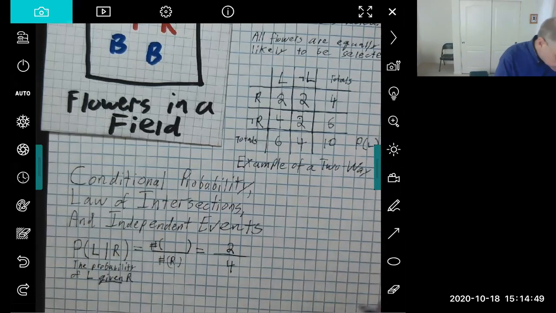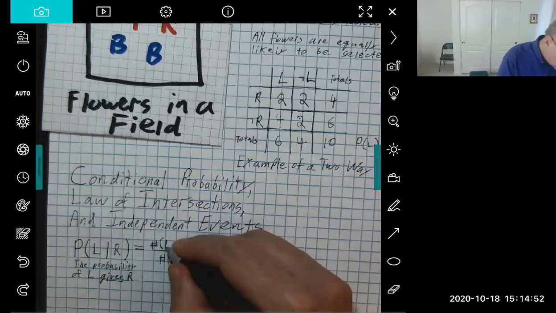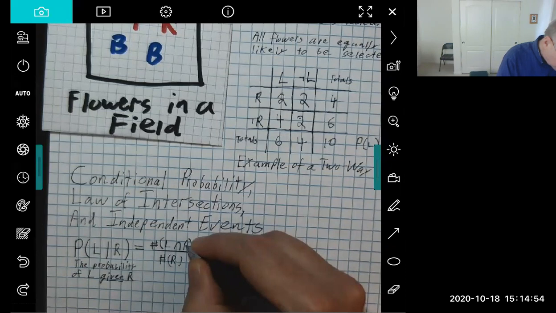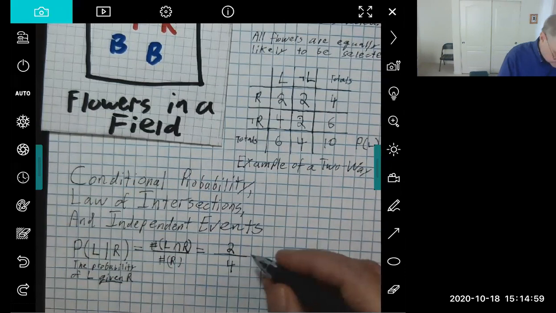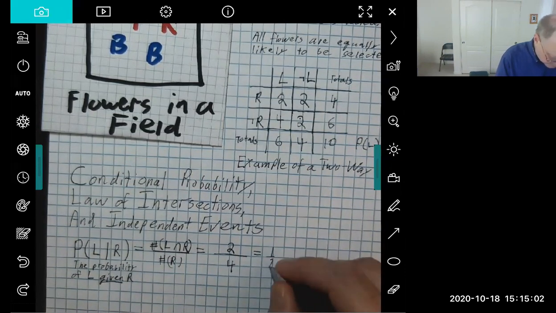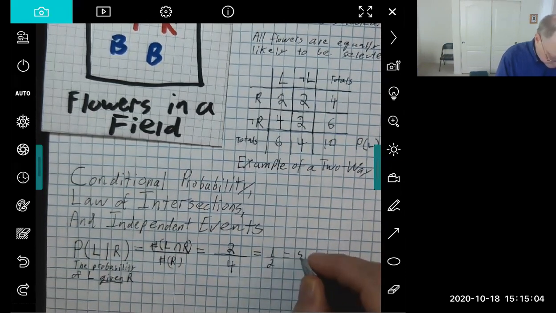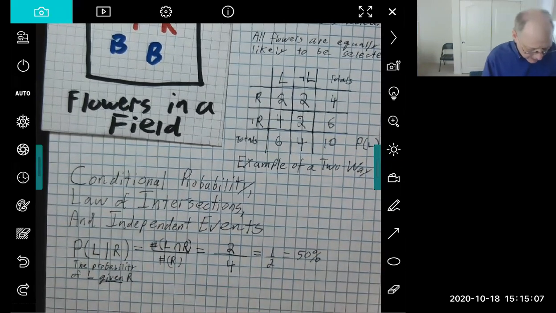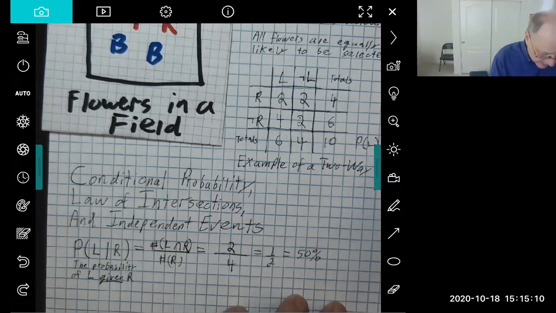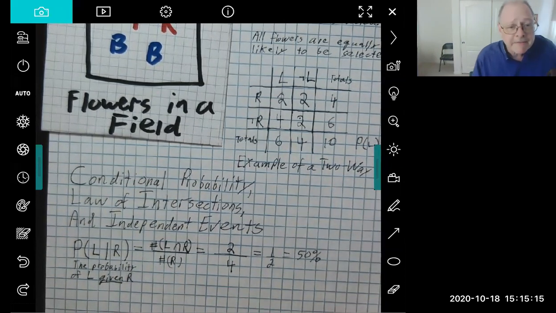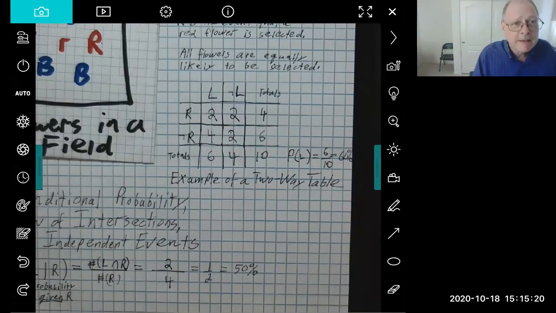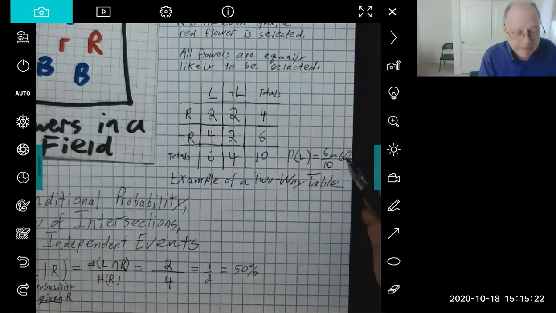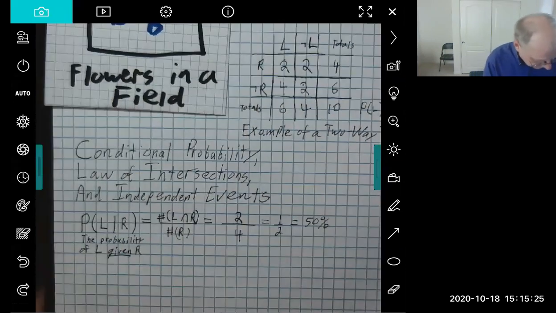It was the intersection of large with red. Okay, so the probability of getting a large flower was 60%. But then if I tell you it's red, now the probability is 50%. Being given that information changed the probability.